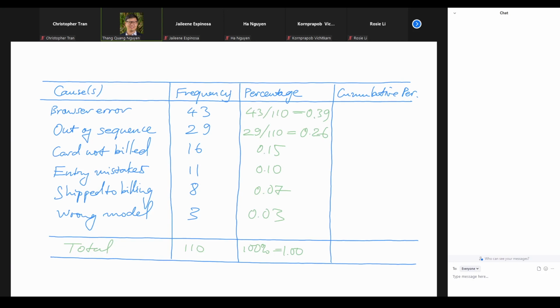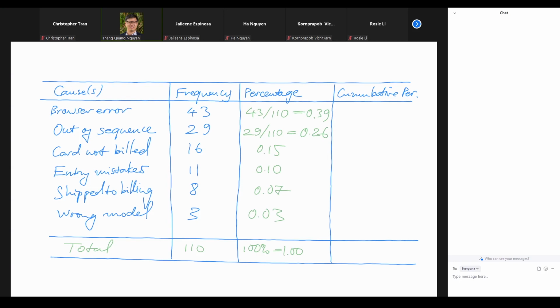So that's the first step. So if we take the second step and cover the first and the second causes here, then how much of the problems have we covered, right? So that's a cumulative sense. It means that we have to add things along the way, right? And here is how we would do it.